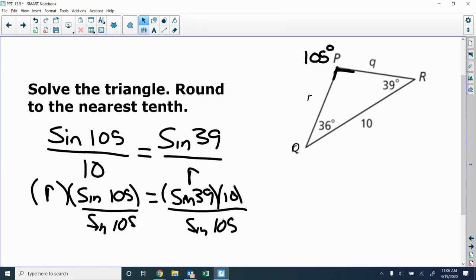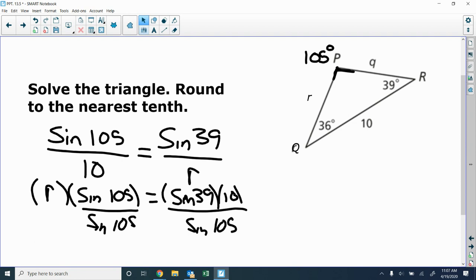So you grab your calculator, degree mode again, sine of 39, close that bracket, times 10. I suggest hitting enter now. I got 6.29 and a bunch of change.